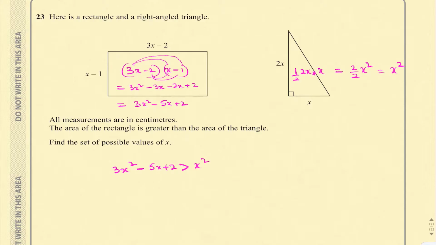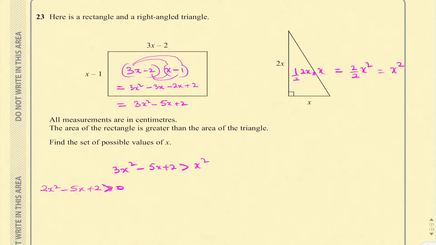So subtract x squared from both sides, so I get 2x squared minus 5x plus 2 is greater than 0. So the best way is to solve this and then sketch it and find the values where it's greater than 0.